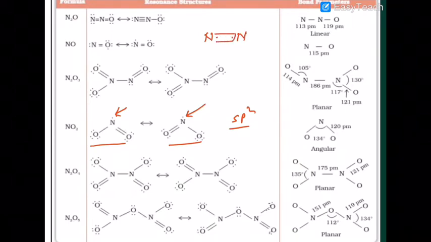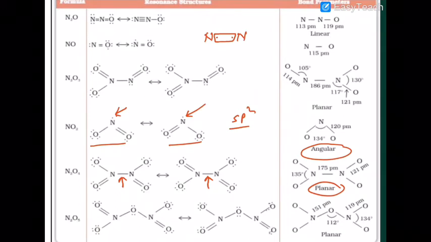When the electron is being shared, a bond has been formed. That is the nitrogen nitrogen bond, and that is N2O4. The structure is planar in nature, while the structure of NO2 is angular. Why is the bond angle so large? Due to the p pi lone pair repulsions.